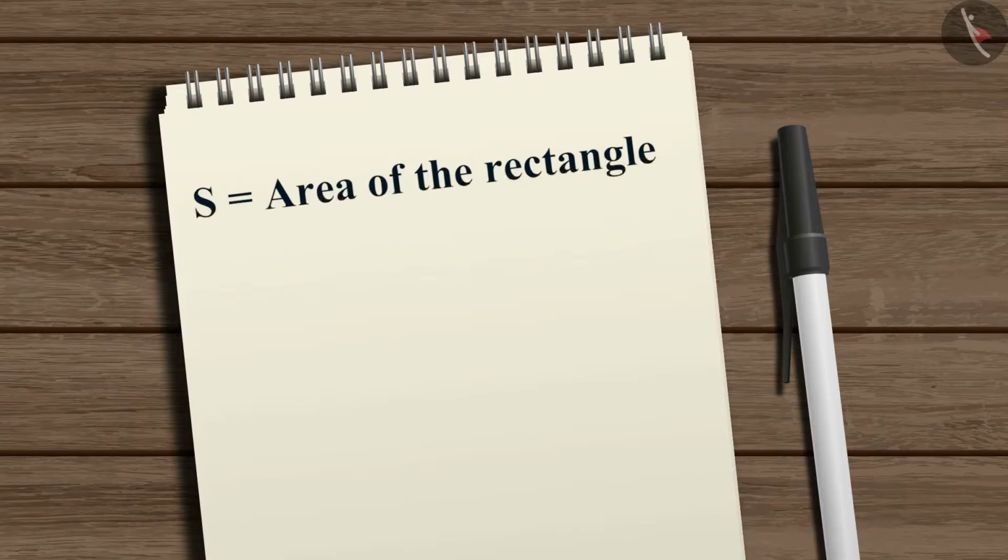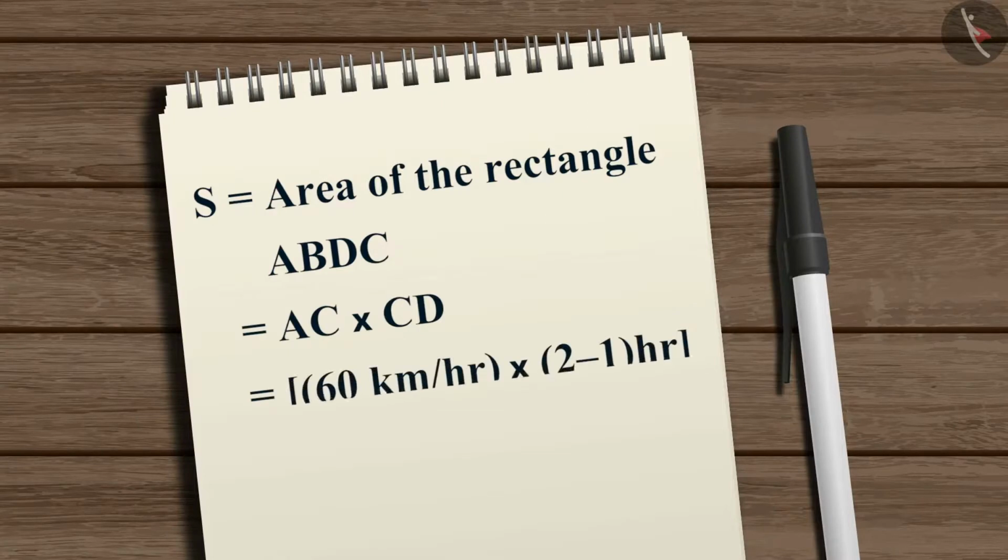So, the distance moved by car in time interval can be calculated as S is equal to area of the rectangle ABDC, which is equal to AC multiplied by CD, which is equal to 60 km per hour multiplied by 2 minus 1 hour, which is equal to 60 km.